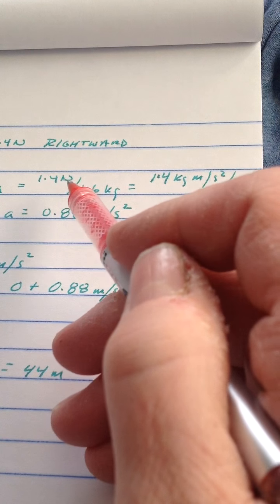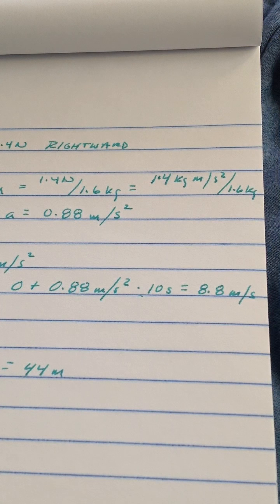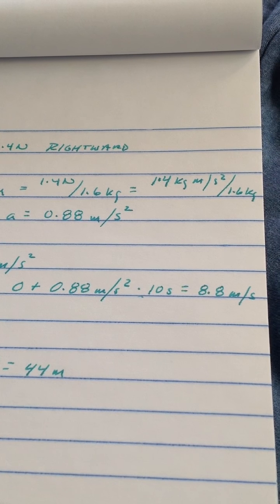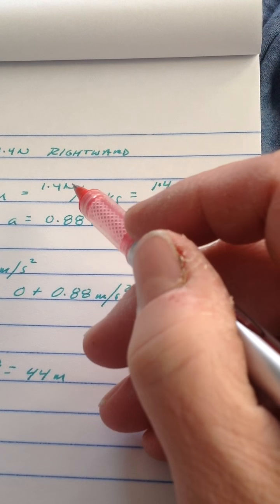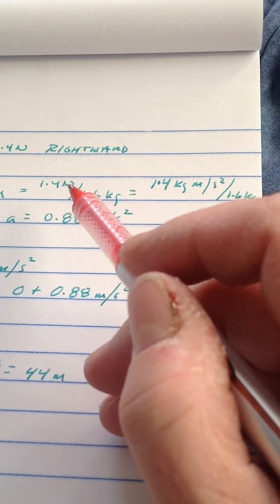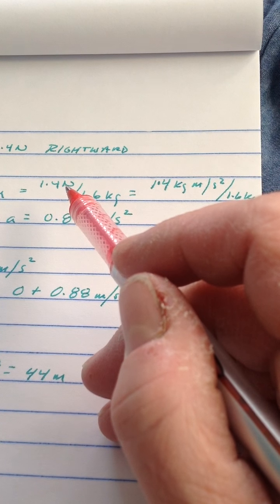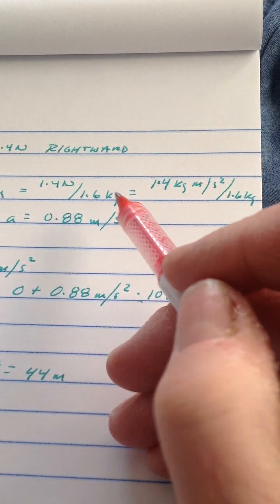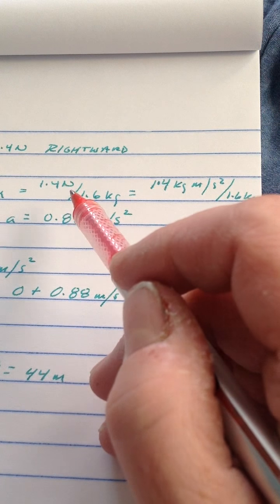Interesting. 1.4 newtons divided by 1.6 kilograms. Suddenly we don't know what to do with our units. Remember how in the first or second lecture I put up a particular slide that showed how many of our standard SI units are derived from others. So this is something I'm doing explicitly here.